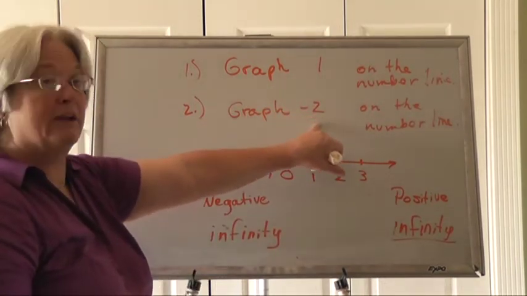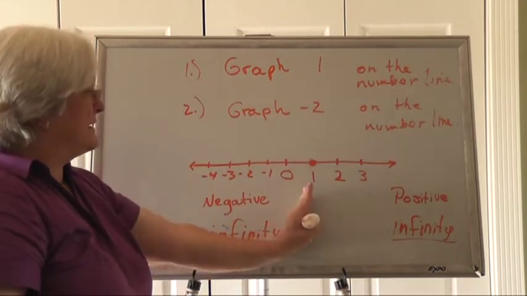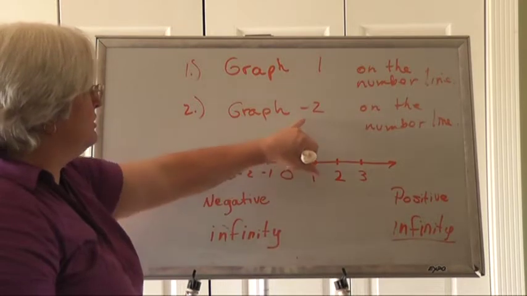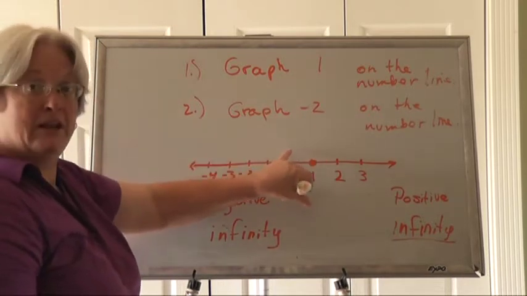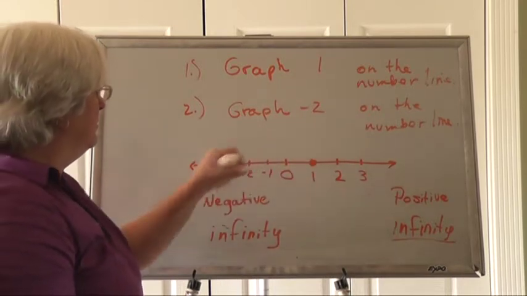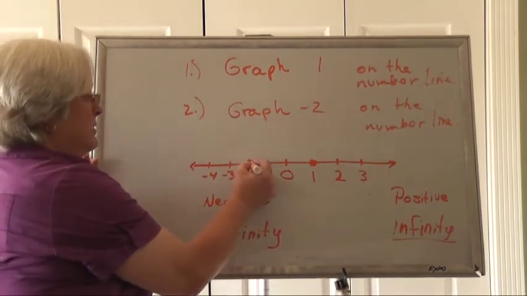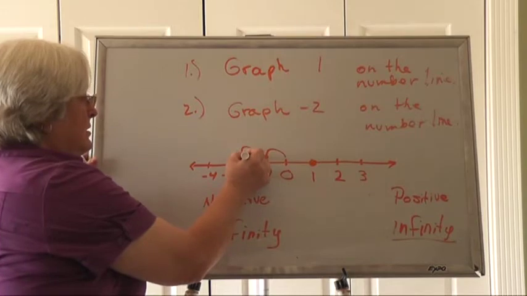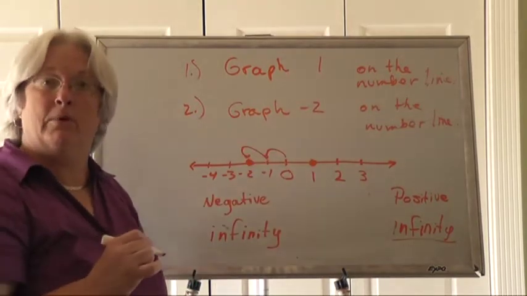Similarly, negative numbers, remember, extend to the left of the number line. So we're going to count 2 units from 0 in the negative direction. 1, 2. Sure enough, there we have a -2 on the number line.